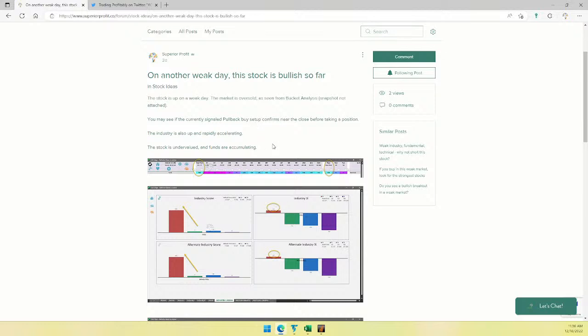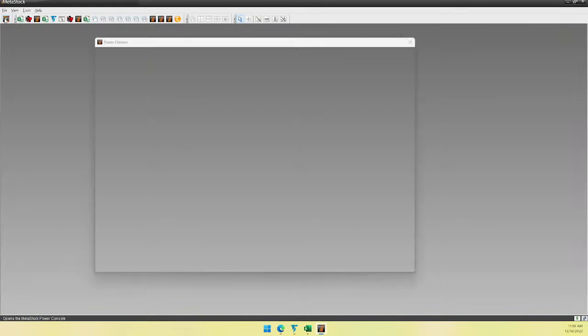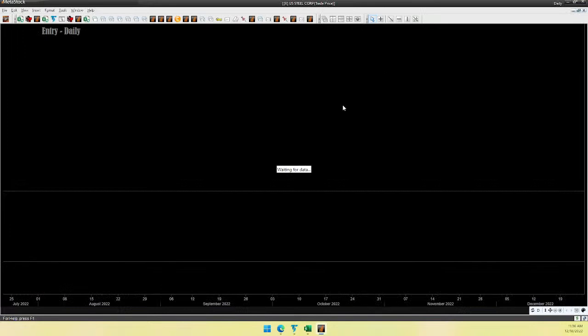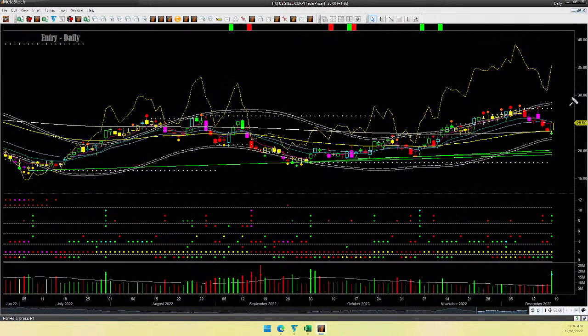Let's see how US Steel closed. Remember the market closed quite bearishly for the week for all the market ETFs, but how did US Steel close? Let's look at that. US Steel closed bullishly, and if you notice the big move indicator, when I first shared it, let's go back to the post.